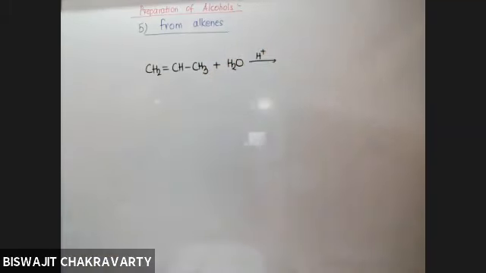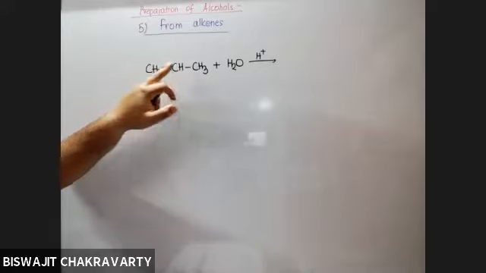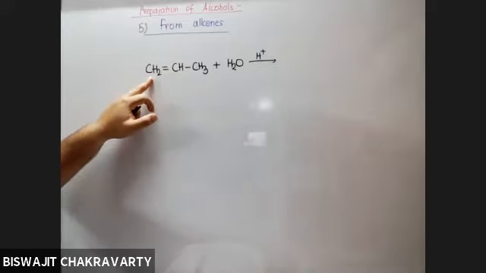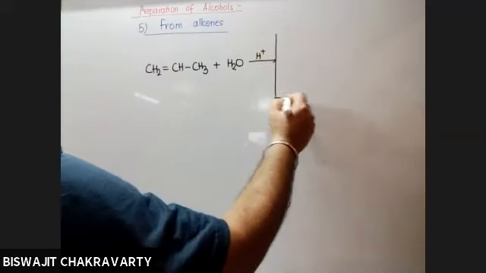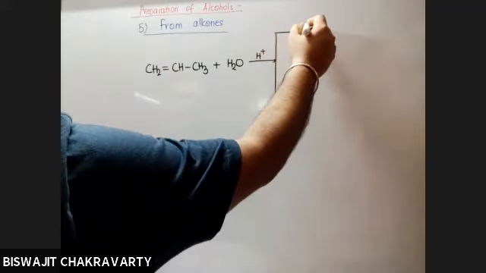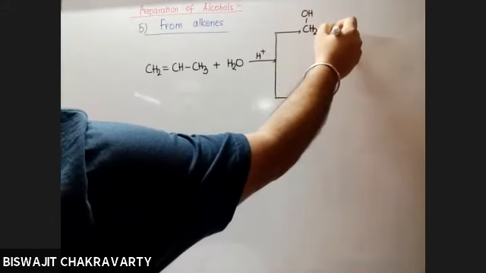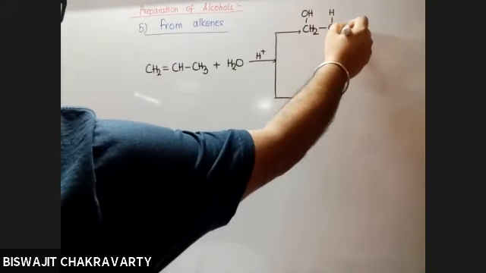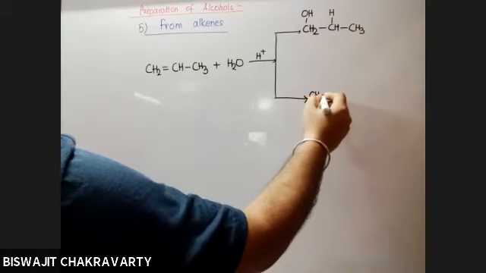Then there are two possibilities. If hydrogen comes to this carbon, OH will come here. And if hydrogen comes to this carbon, OH will go there. So let me write down both the possibilities. This is possibility number 1. This is possibility number 2.